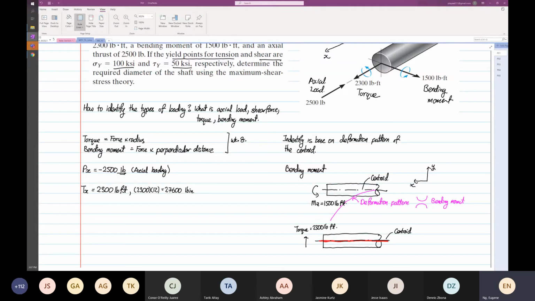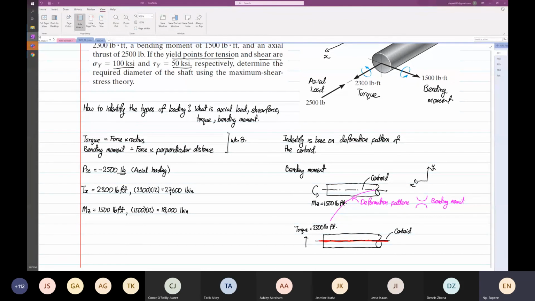Then finally, we have a moment in the z direction of 1,500 pound-feet. Again, you have to convert to inches, so this is equal to 18,000 pound inch. So we have identified our loadings.